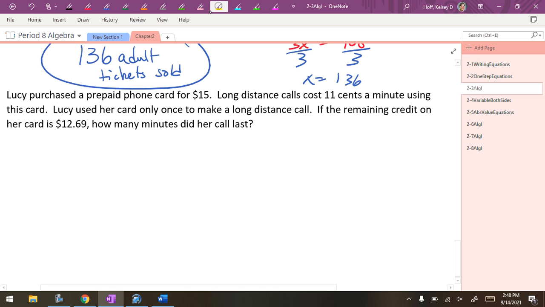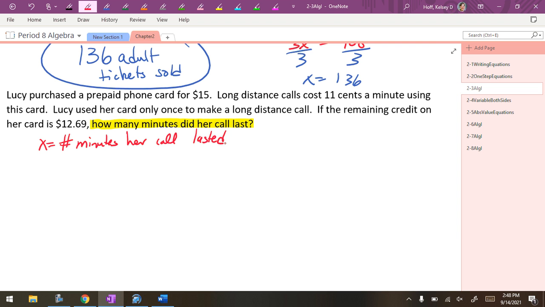And I will once again always say to you that last sentence is usually your indication of what your variable should stand for. What letter do you want to use? X is going to represent the number of minutes her call lasted. Now, no numbers.